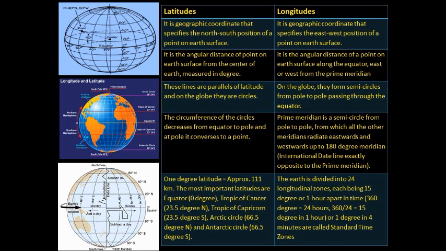For example, if the day starts on the western end at 12 a.m. on Sunday, at the same time if we move across the International Date Line, the day starts at 12 a.m. of Monday. So the entire Sunday will be lost. So at the end, while moving from the eastern end to the western end, we will gain a day, and if we move from the western end to the eastern end, we will lose a day.